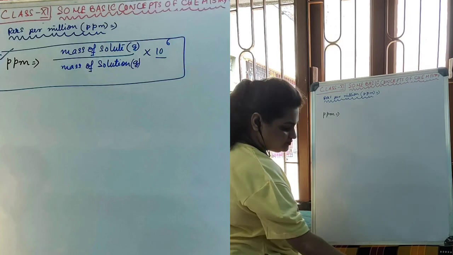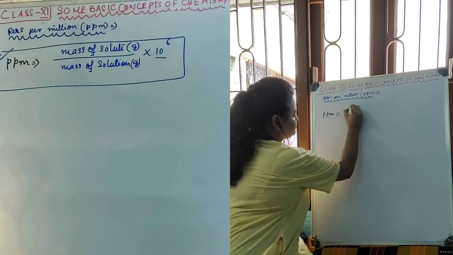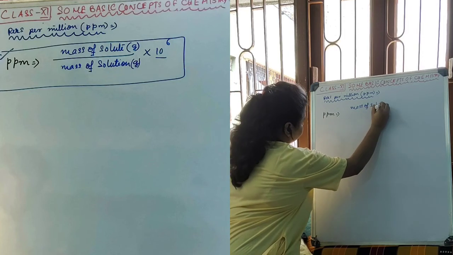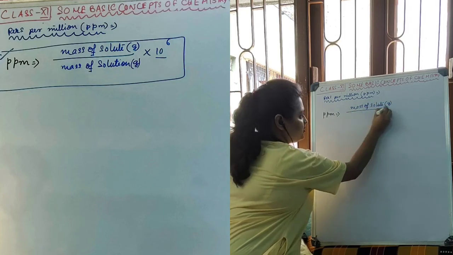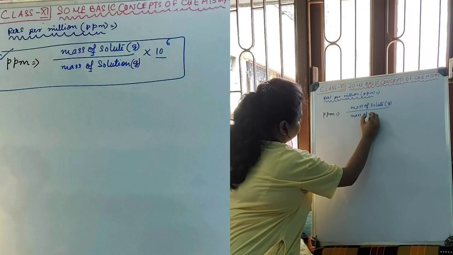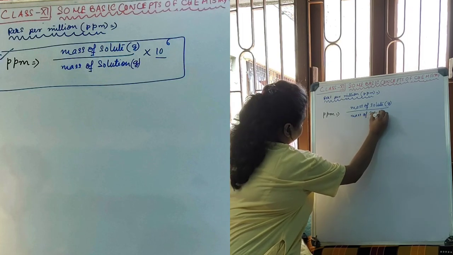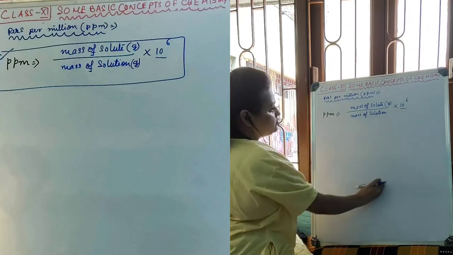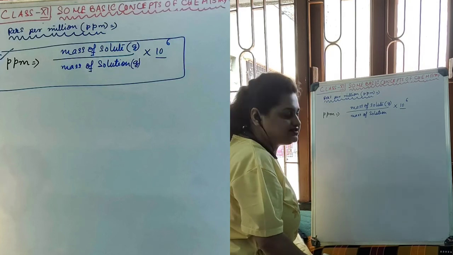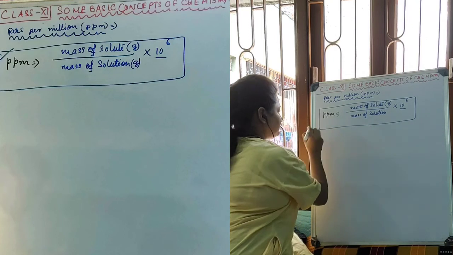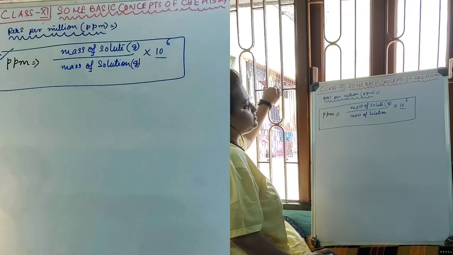It says that ppm is equal to mass of the solute in gram divided by mass of the solution, multiplied by 10 to the power 6, that is 1 million or 10 lakhs. This is another way of representing the strength of a solution.